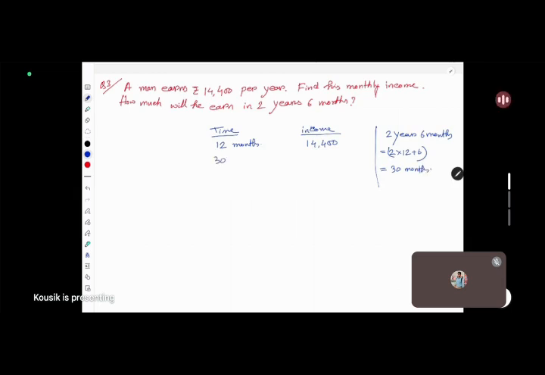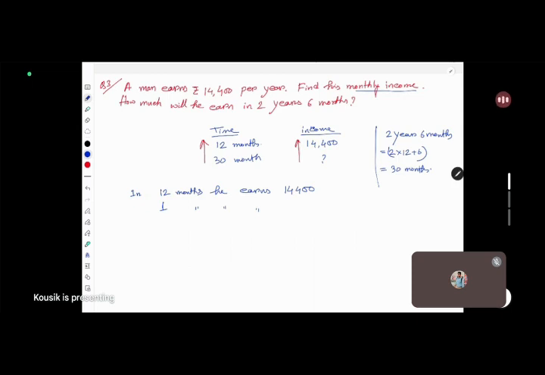So the question is, in 12 months he will earn 14,400, so in 30 months what is his income? Also there is another part, this is monthly income. So in 12 months he earns 14,400. Here, if he works more time he earns more money.